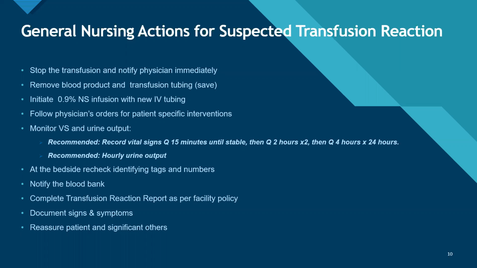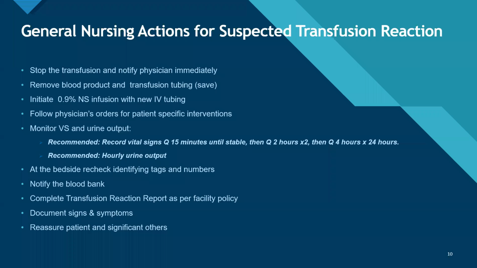After you've gotten the patient stabilized, depending on what you have to, you might have to give them epinephrine, you might have to give them oxygen, you might have to give them some Benadryl, you might have to give them an H2 blocker. It just depends on how severe the reaction is. But if the patient starts rigoring, starts complaining of lower back pain, you need to stop the transfusion. And there's a transfusion reaction report.